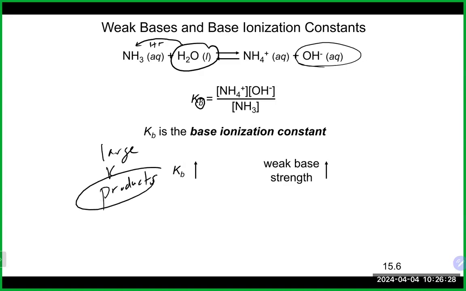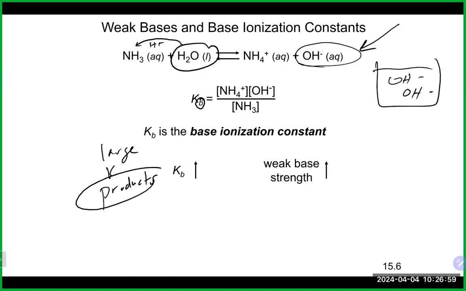And once again, if we look at the reaction on the product side, that would mean we have a lot more free floating OH minus in the solution, and that's going to make it a stronger weak base. Again, just like the weak acid comparison, of a weak base to a weak base, definitely a lot weaker than any strong base that's out there, like sodium hydroxide, potassium hydroxide. They are much stronger bases. But in comparison of two weak bases, the Kb value that's larger would be the stronger weak base.